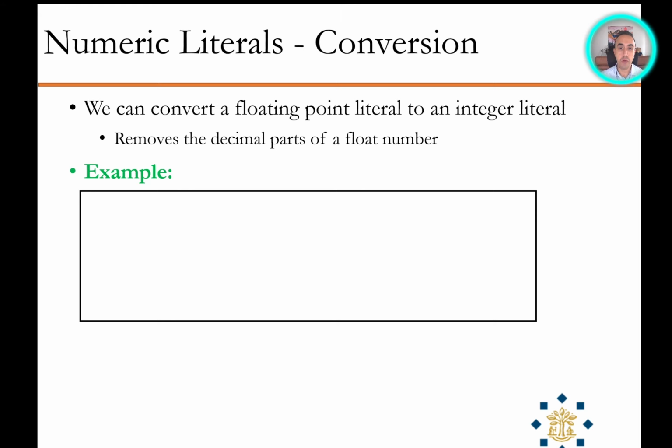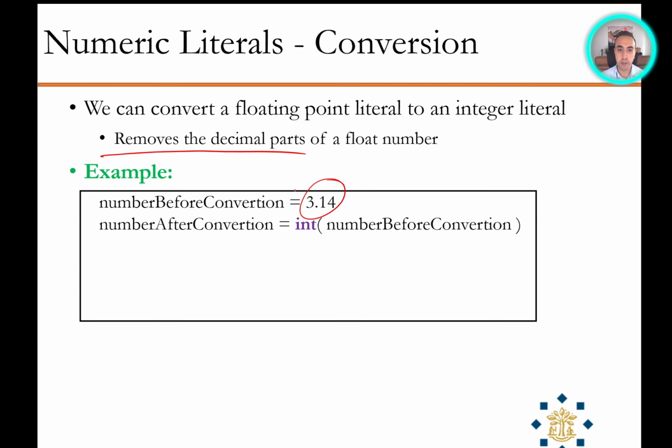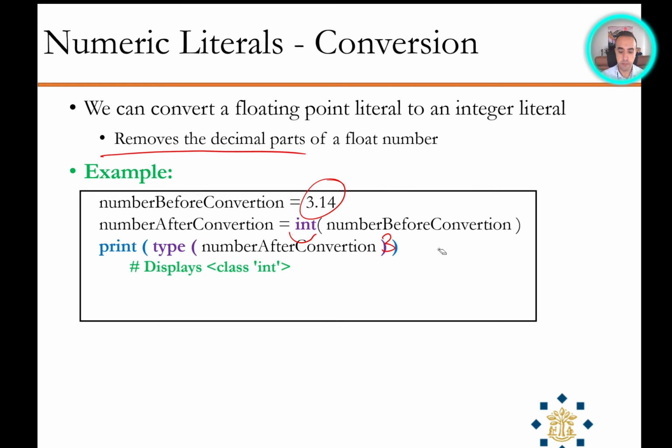So if you convert the 7.5 to an integer, for instance, it removes the decimal point. We have the number before conversion 3.14. And then if you do the conversion, just like float, we can do a conversion by writing int. It used to be 3.14. After the integer conversion, 0.14 is gone, so it becomes 3.